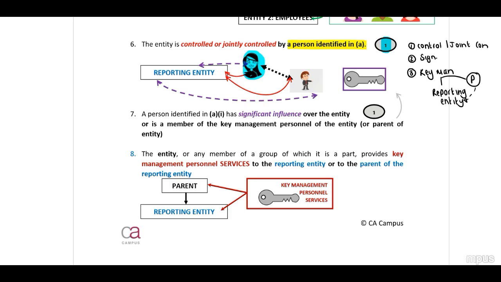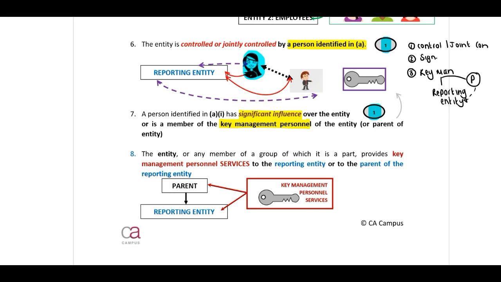Number 7, a person identified in A1. Therefore, guys, again, a person that has control, joint control, or significant influence, or key management personnel that has significant influence over the entity or is a member of key management personnel of the entity will be a related party.